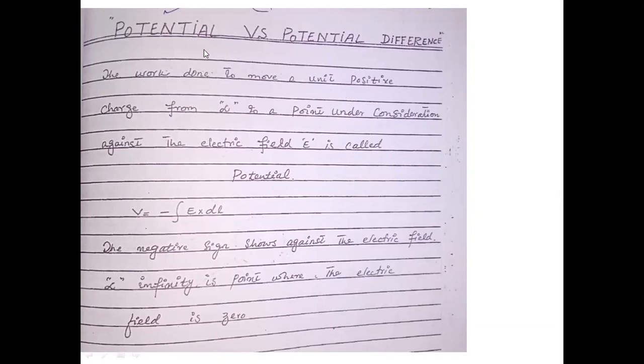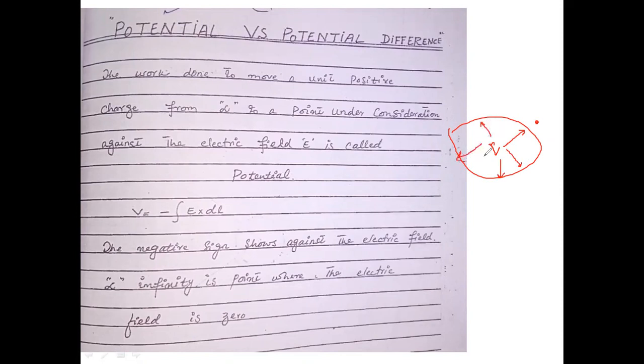So now, what is electric potential? The work done to move a unit positive charge from infinity to a point under consideration against the electric field. Here, this is the field, plus q, and this is the test charge. The field is directed outward, because this is the positive source charge.